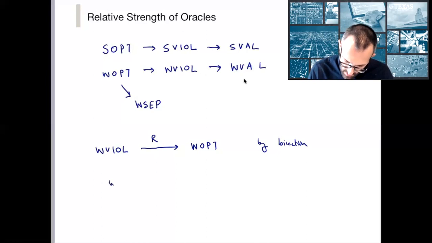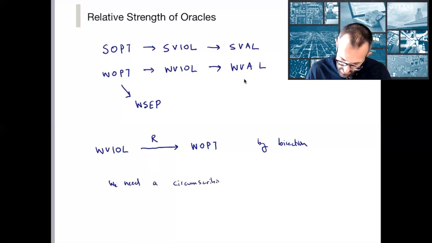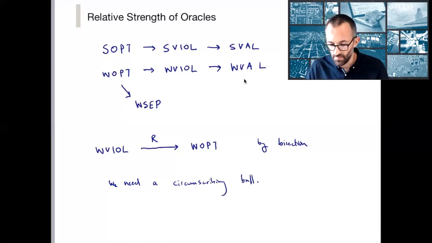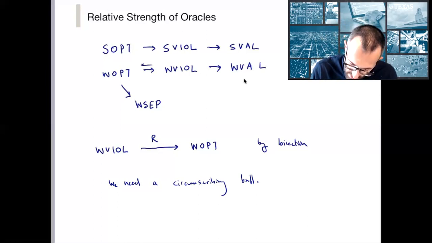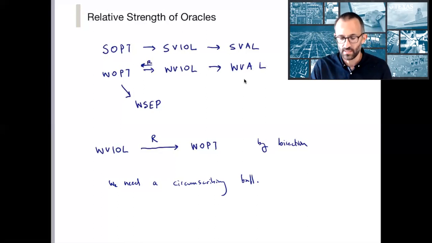For this implication, we need the radius of a circumscribing ball. If we have that, then the weak violation problem can be used to solve the weak optimization problem by bisection. So we have this arrow as well. I'll put an R. This is the state of affairs. We didn't talk explicitly about how weak optimization gives us weak separation, but this is basically what we've got.